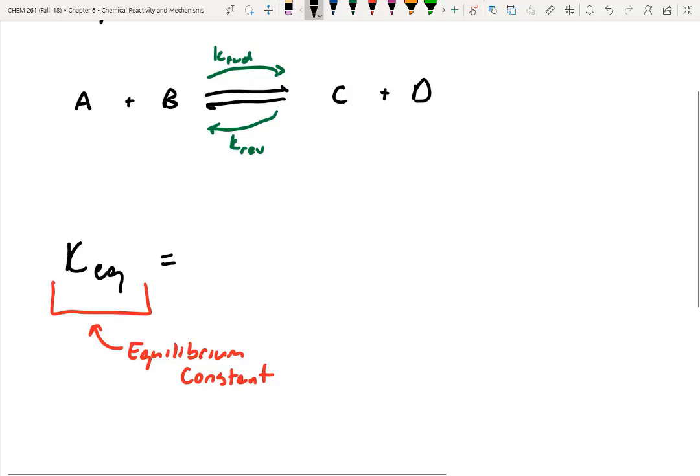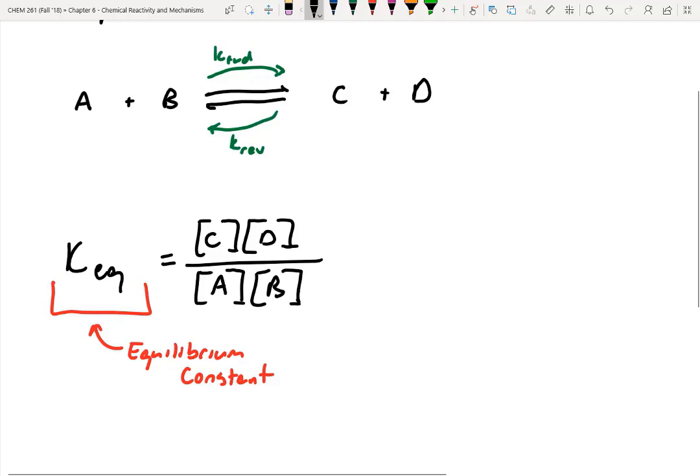Yeah, concentration of C times the concentration of D divided by the concentration of A times the concentration of B, right? So it's the concentration of your products multiplied together divided by the concentration of your reactants multiplied together. All right? And we can actually relate this to Gibbs free energy as well.